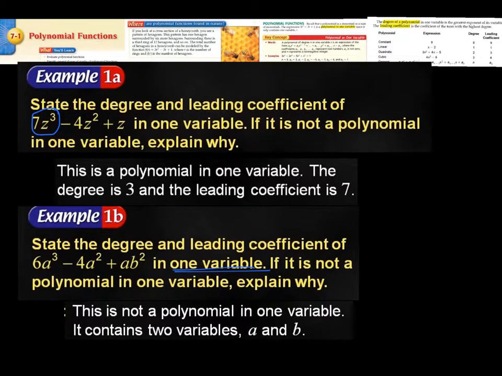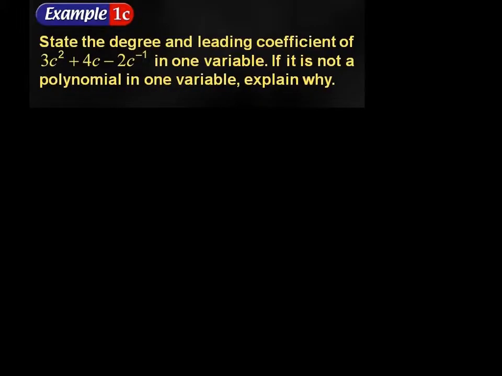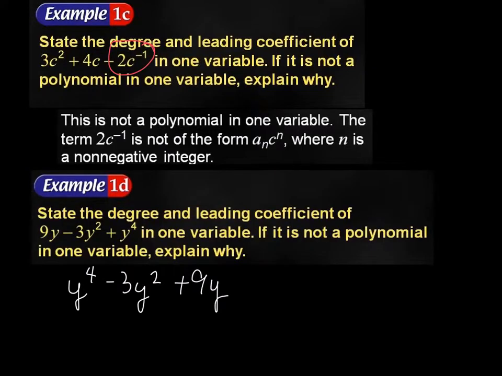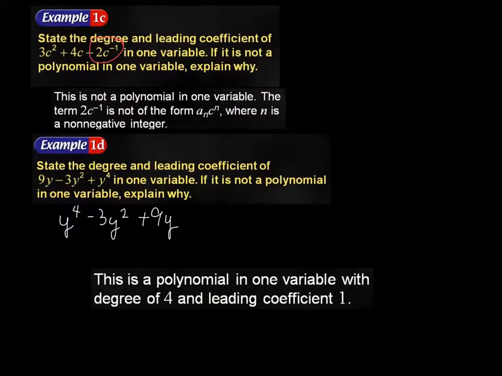I see 2 variables, so we can't do it. And again, it's in descending order, but it needs to be a polynomial in one variable. The term 2c to the negative 1 is not in the form a sub n c to the n, where n is a non-negative integer. And this one is a polynomial in one variable, and I rewrote it in descending order. So our degree is 4, and the leading coefficient is 1.